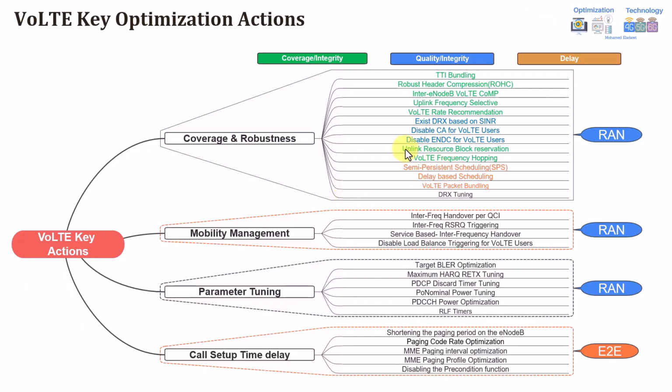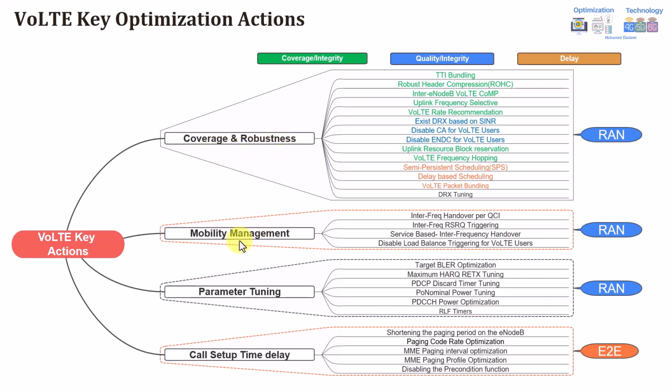So actually this figure or mind map is summarizing the VoLTE main key actions. As you can see here, I split this into 4 categories. In general, when you optimize VoLTE networks, you will look into features or actions which can improve coverage and robustness.